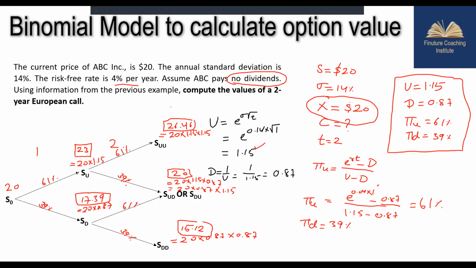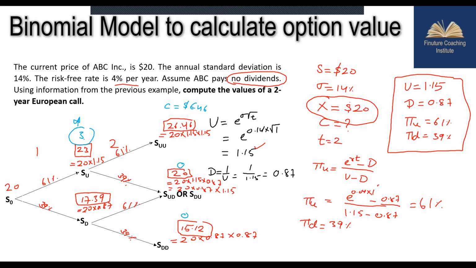So call price would be spot minus strike: spot is 26.46, and strike is 20. So your call price would be 6.46. And over here your spot is 20, and your strike is also 20, so the call is not in the money. Similarly, over here the spot price is less than your strike, so again it would be 0.